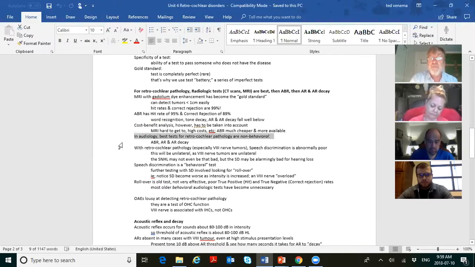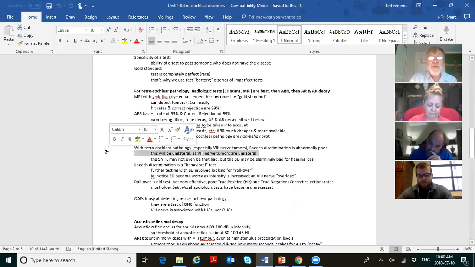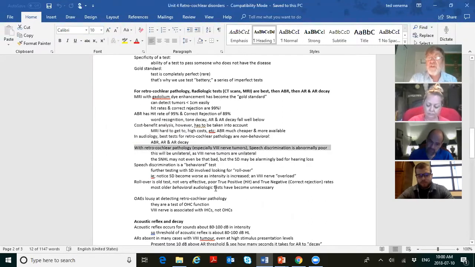Audiologists don't do CAT scans or MRIs. Audiologists do ABR, acoustic reflexes, and acoustic reflex decay. With retrocochlear pathology, speech discrimination is abnormally poor, usually.